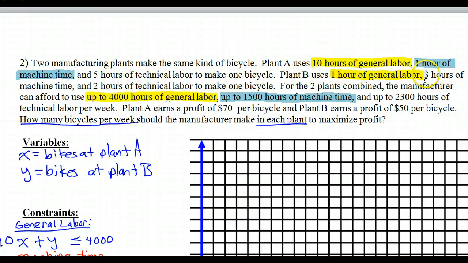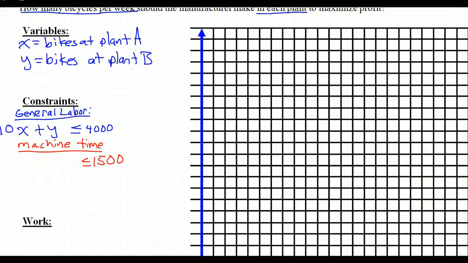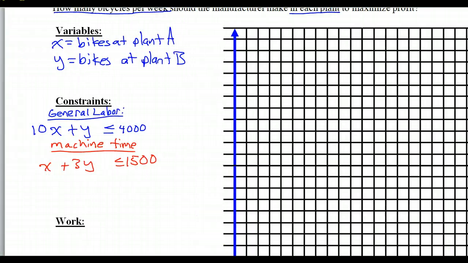Plant B uses 3 hours of machine time. Okay, 1 hour of machine time, 3 hours of machine time. That's X plus 3Y, machine time. Okay, so back to my red marker. So X plus 3Y has to be less than or equal to 1,500.